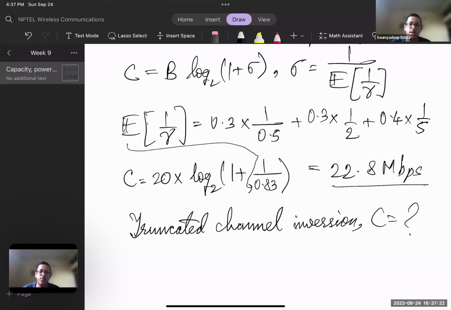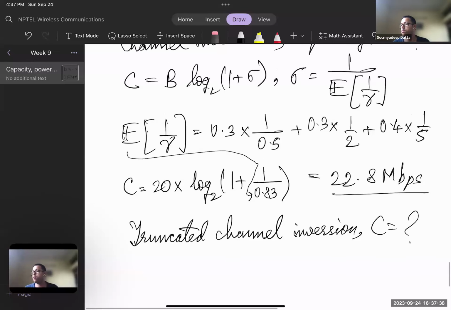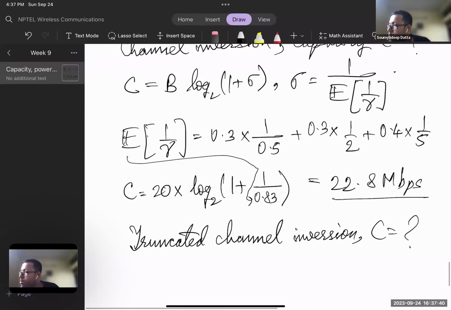When do you do that? In truncated channel inversion, you ignore some of the channels and invert according to the remaining channels. So this sigma value is essentially 1 by 0.83.